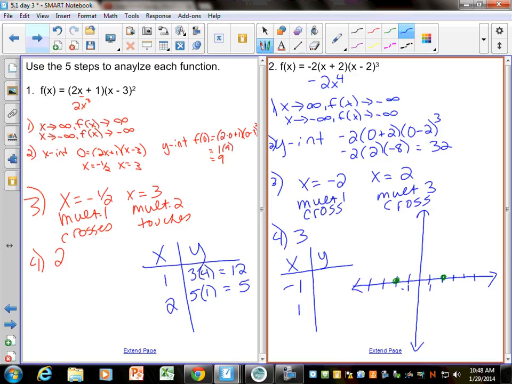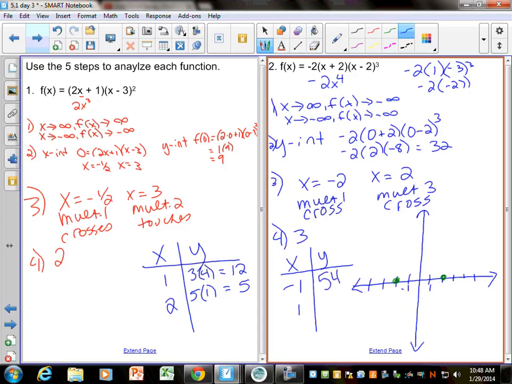And use a calculator by all means. Like, hopefully you have one or can get one to use so you're not making mistakes on this. But if we plug negative 1 in here, I'm going to do my work up here. I'm going to get negative 2 times 1 times negative 3 to the third. Yikes. That's going to be negative 2 times negative 27, which I think is 54.